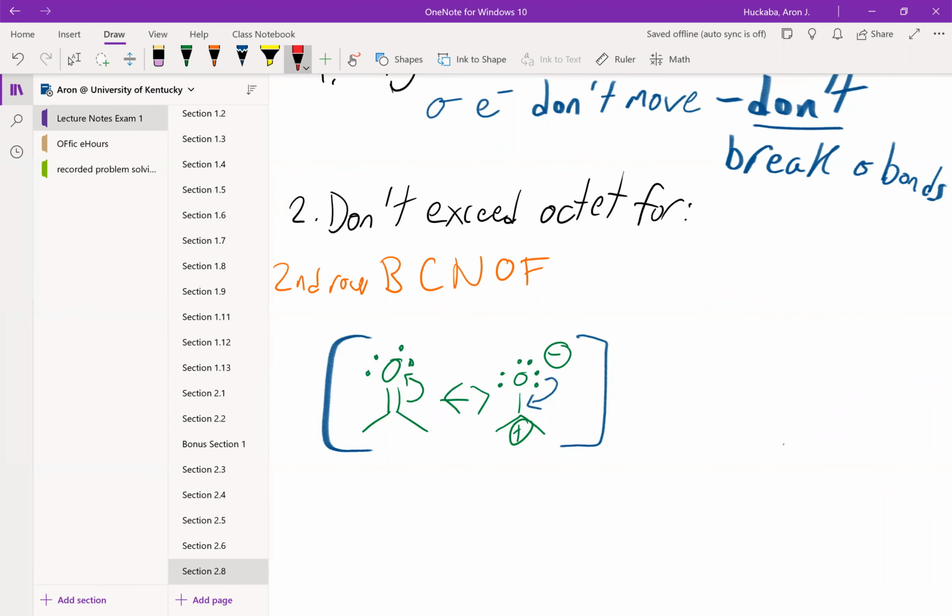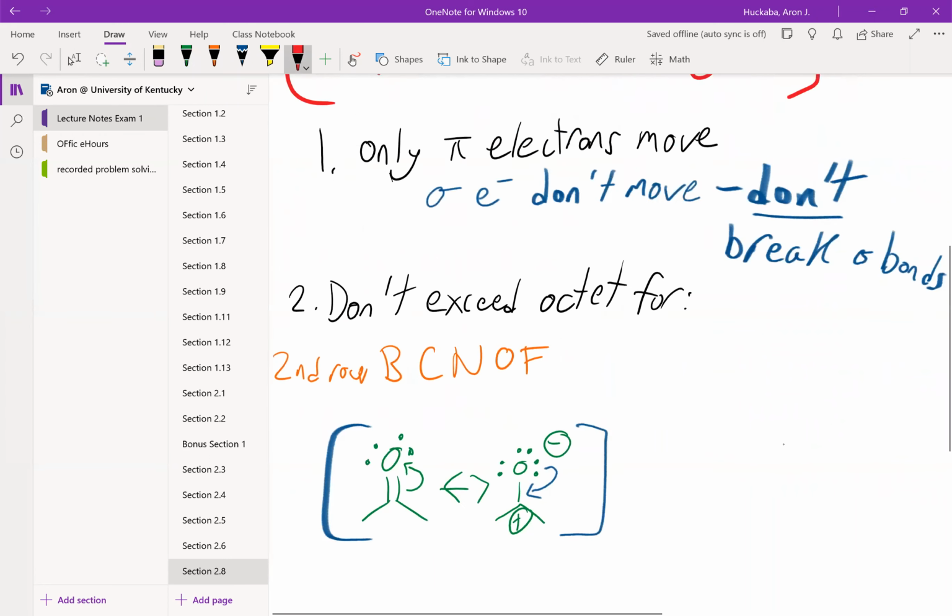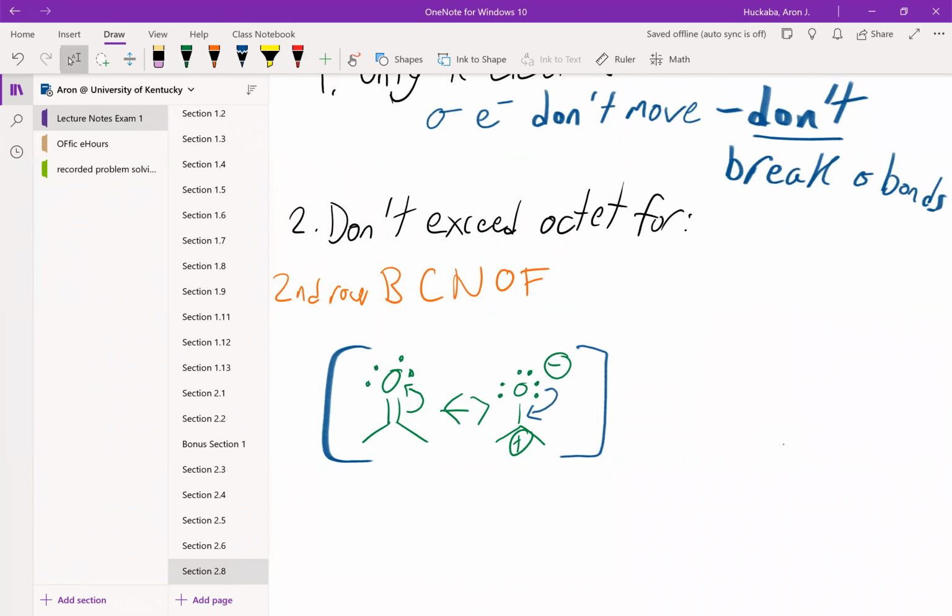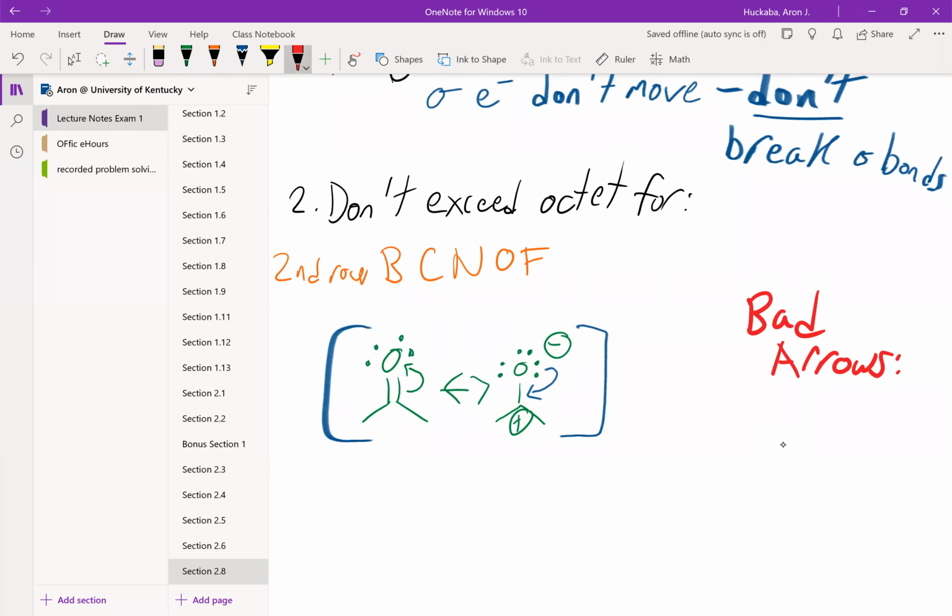A bad way to draw a resonance arrow would be to break some of our rules here. So, bad uses. We'll call it bad arrows. Let's say we have this type of molecule.